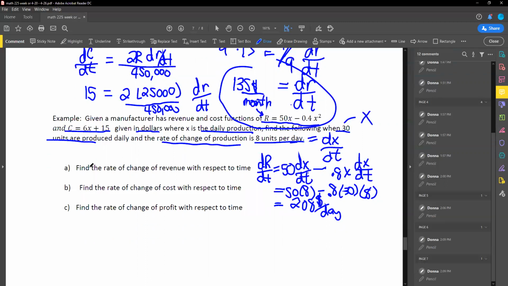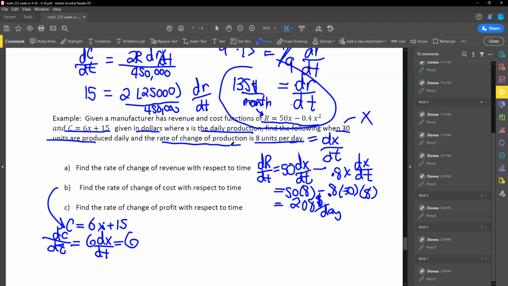All right. So the change of cost is actually pretty easy. I'm going to go down here, I guess. So if the cost is 6x plus 15, I'm going to do the derivative now with respect to time. dC/dt equals 6. The derivative of x would be dx/dt. And the derivative of 15 is 0. So we know what dx/dt is.